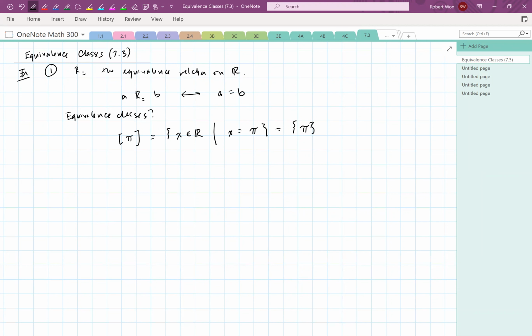So for this equivalence relation, there's a different equivalence class, say [a], for every real number a. Every equivalence class is just a single element.